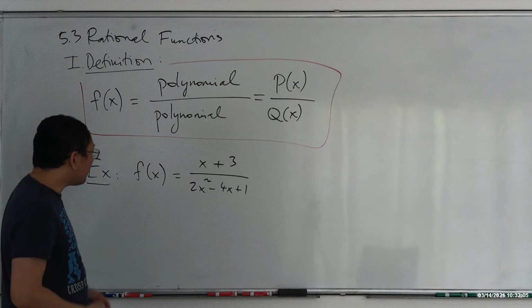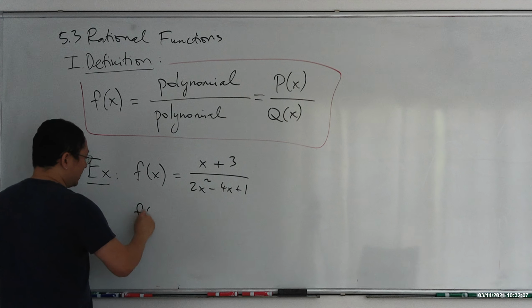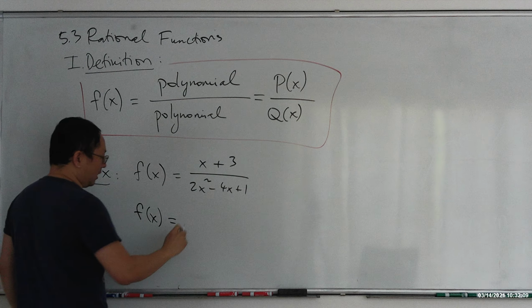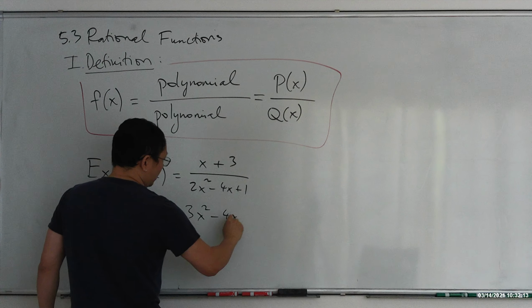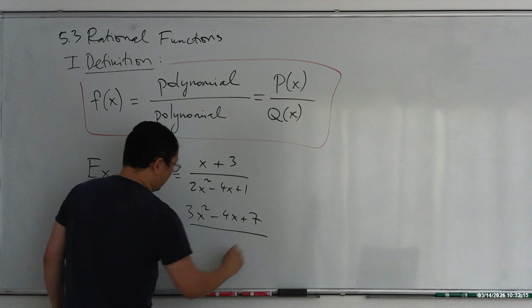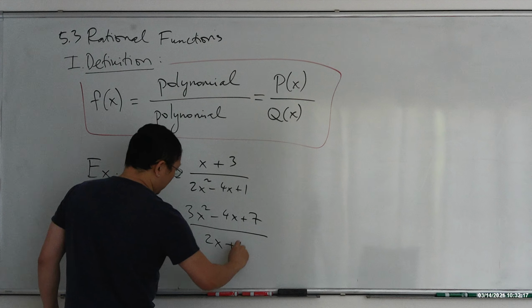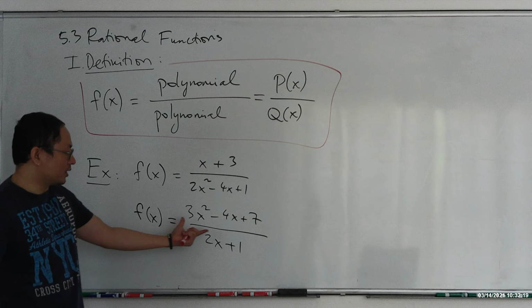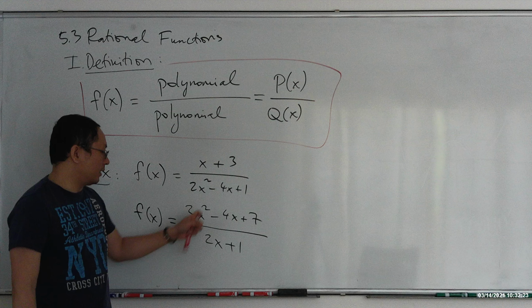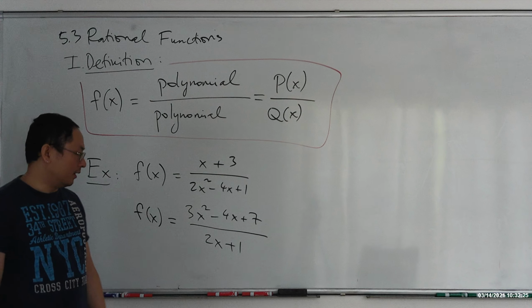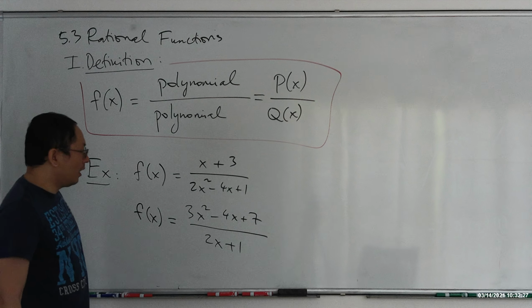How about this? f of x equal to (3x squared - 4x + 7) over (2x + 1). Now this is also a rational function. The top p of x is a polynomial of degree 2, the bottom is degree 1. Okay, still a rational function. Or even this.